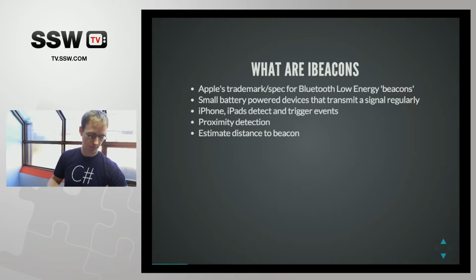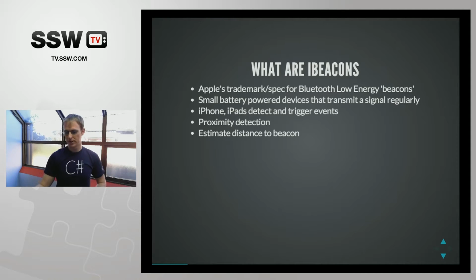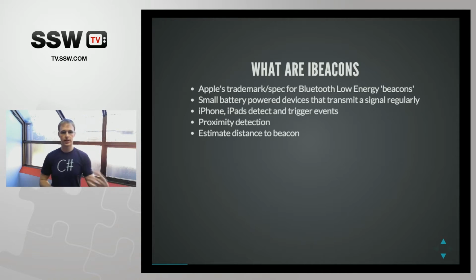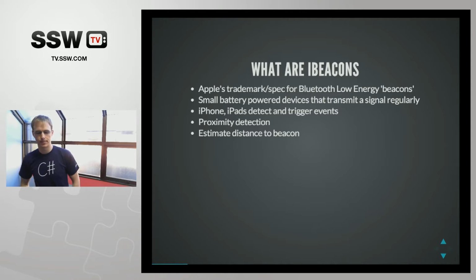So they're small Bluetooth devices. They have a long battery life. They just transmit a signal regularly with a small bit of information at a regular interval. Because they're Bluetooth, they have a relatively short range compared to other transmissions, so they're used for close proximity detection.